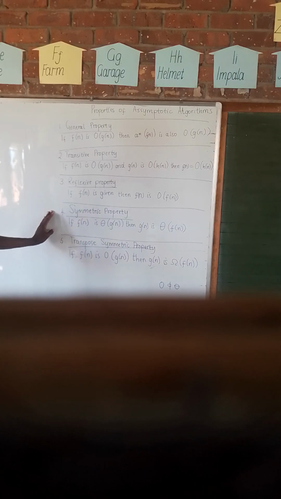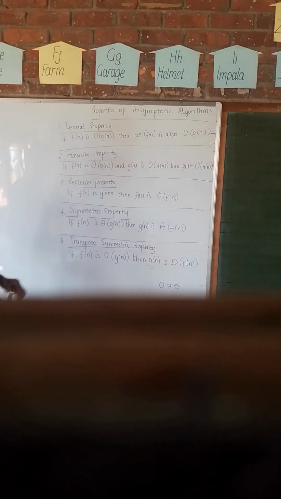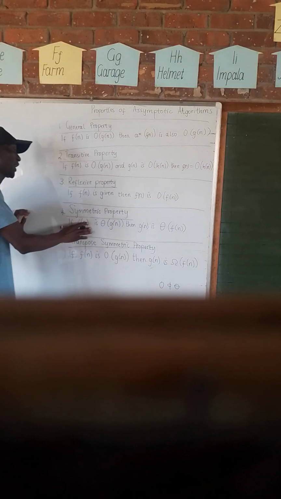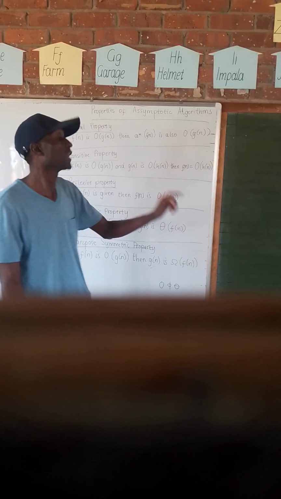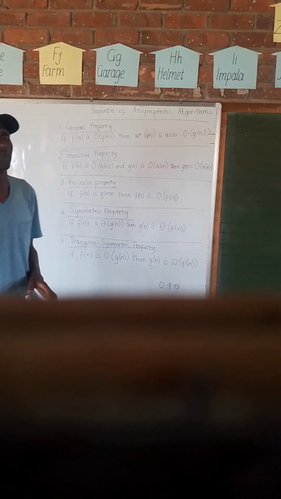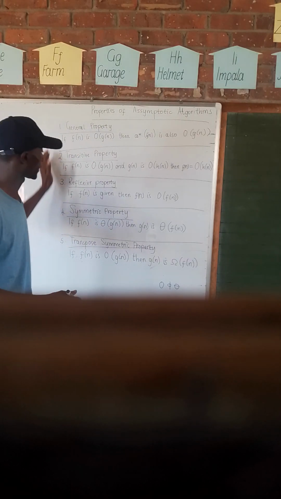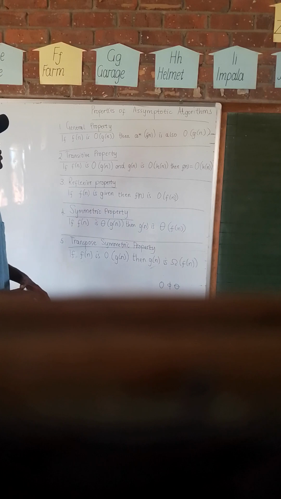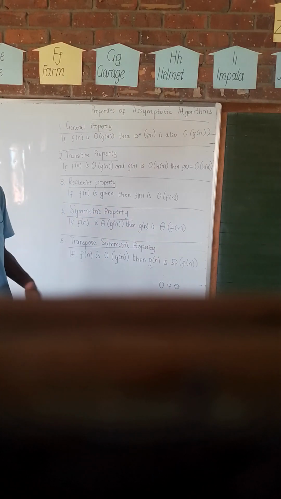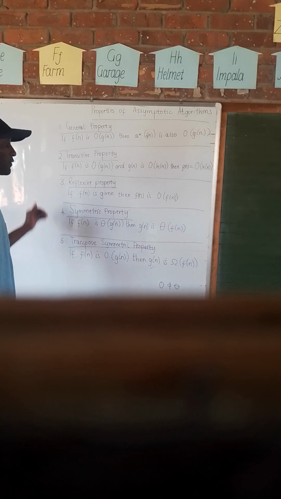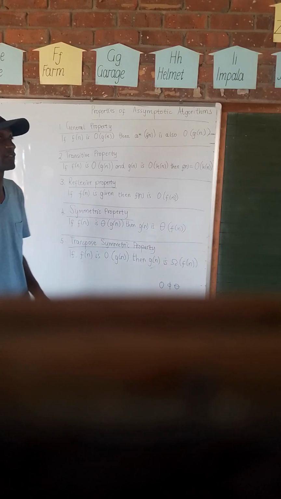Then the fourth property, we have the symmetric property. This one states that if f of n is theta g of n, then g of n is theta f of n. So what happens is, whenever you are given a problem to solve, you are solving it mathematically using figures. Given the figures, you can substitute for the letters that are given.